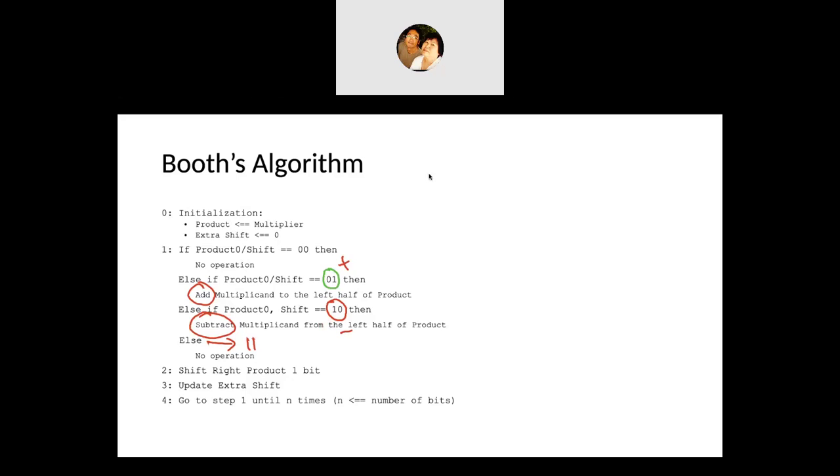The second step and the third step are almost the same as the previous algorithm. In the second step, we just shift right the product, but the shift right here is the sign extension shift right.